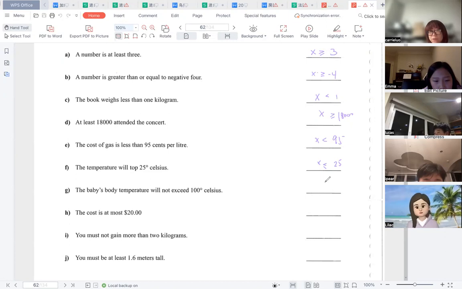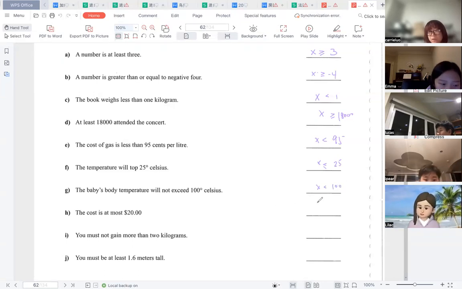Okay, so next one. The baby's body temperature were not exceeding 100 Celsius. Lilac. X is lesser than 100 Celsius. 100.